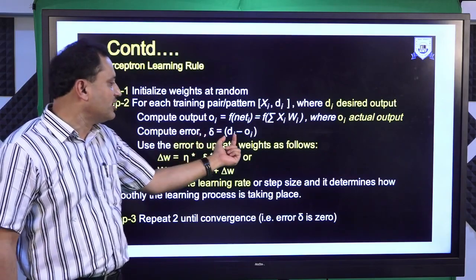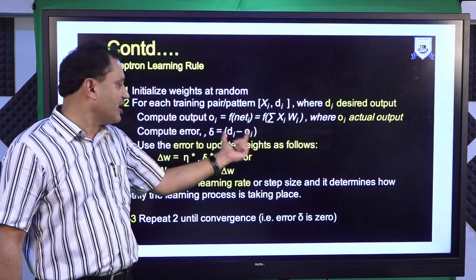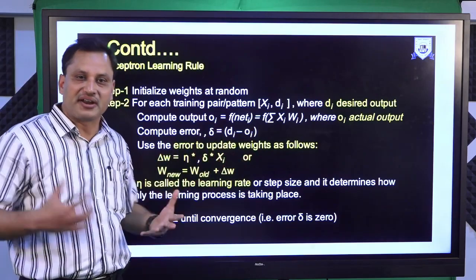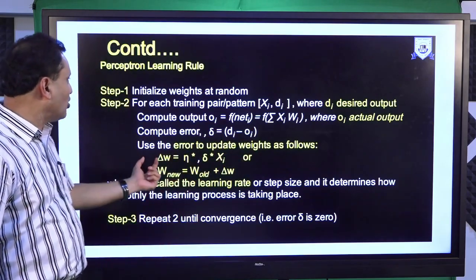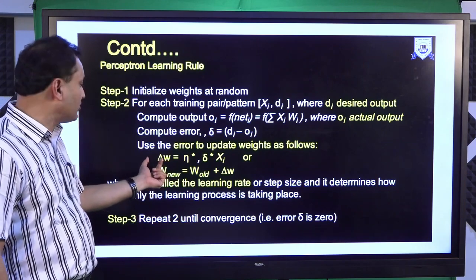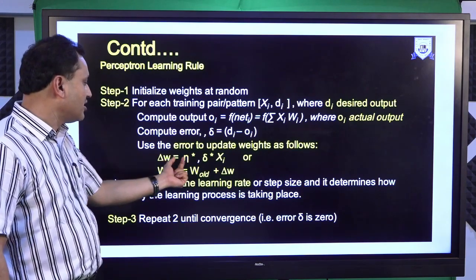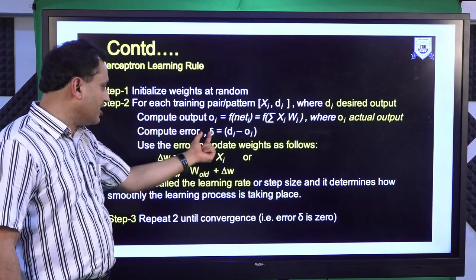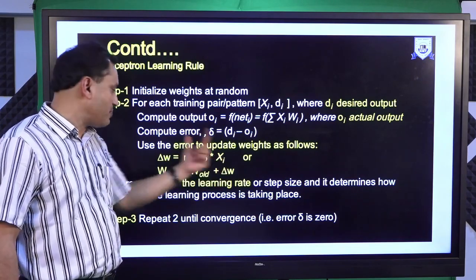Error will be the difference between Di and Oi. So use the error to update the weights because our target is to minimize the error. The perceptron learning rule gives the change in weight formula: eta, the learning rate, times the error, times Xi, a particular pattern.